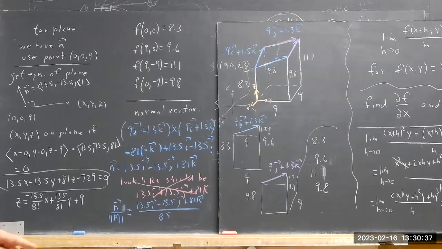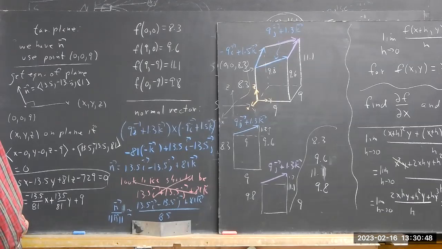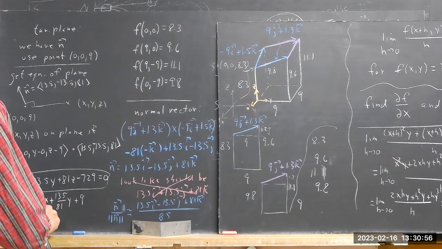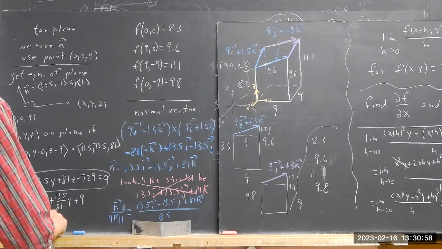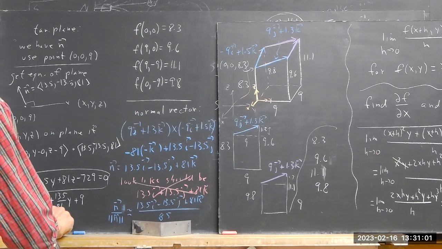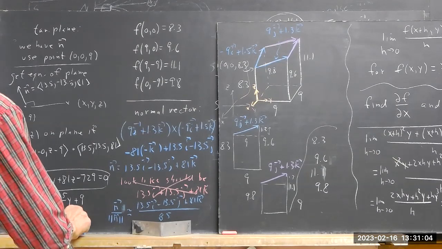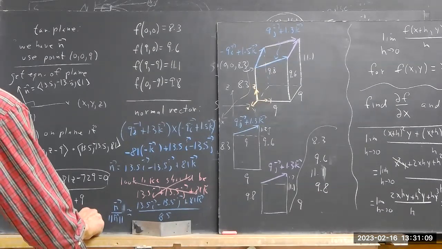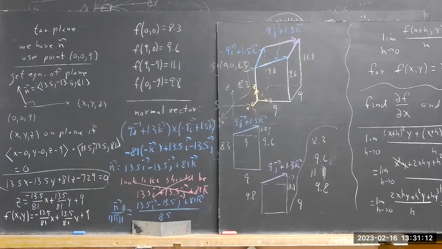Okay, not going to worry about the details. This is all done right. You get this, and my big point now is you could then say f of x, y equals this.